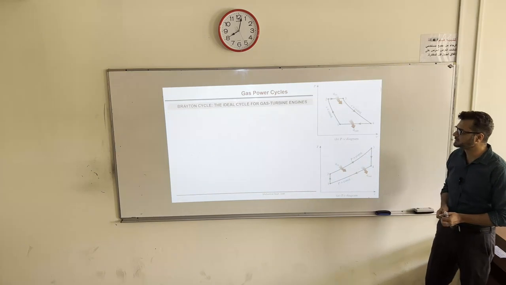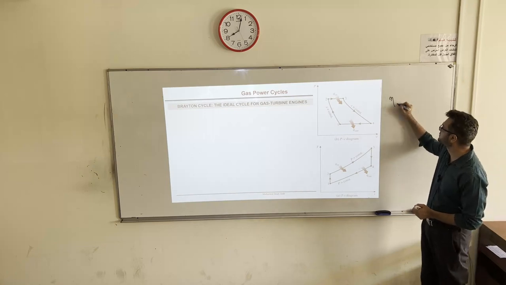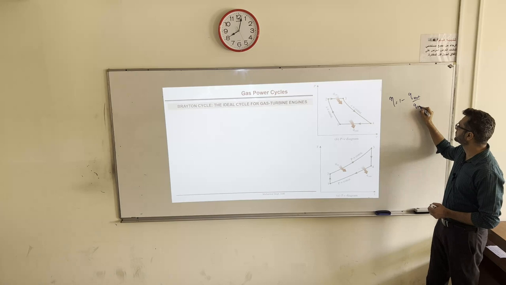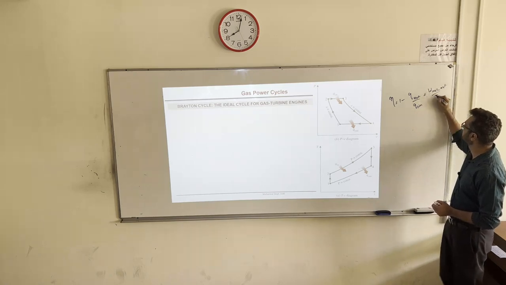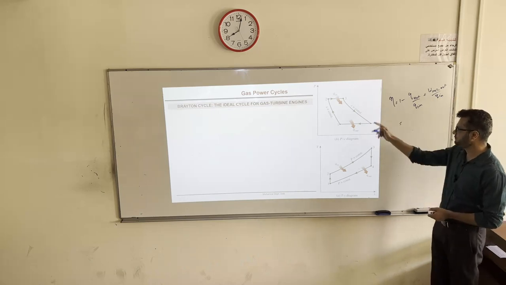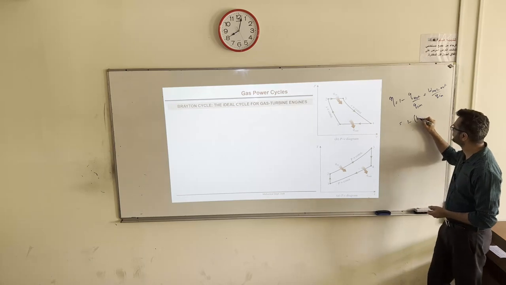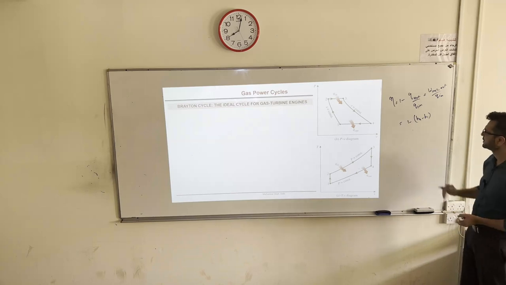Now we shall derive its efficiency. We know the general equation: efficiency is equal to 1 minus Q out over Q in, or W net out over Q in. So what is Q out? Here it is H4 minus H1 because it's a constant pressure process.